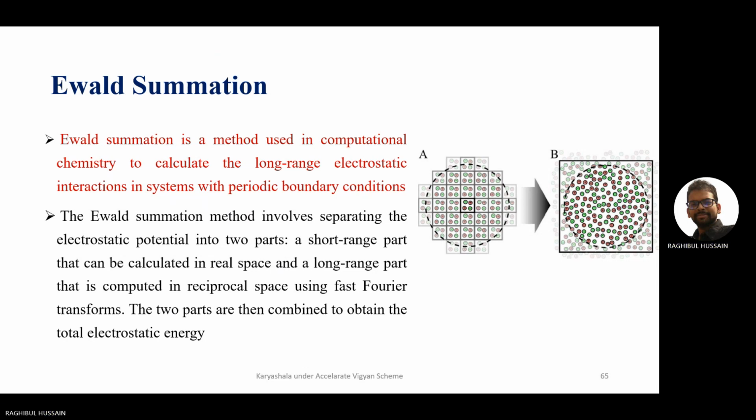This one is the particle with mesh. That's the long-range part that is computed in the reciprocal space using the fast Fourier transform, or FFT. These two are combined to obtain the total electrostatic energy, E equal to Qi Qk times some expression, some denominators are there, right?